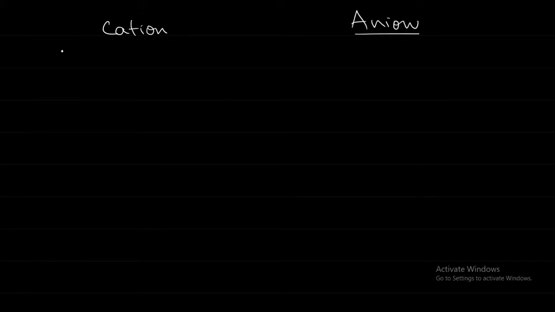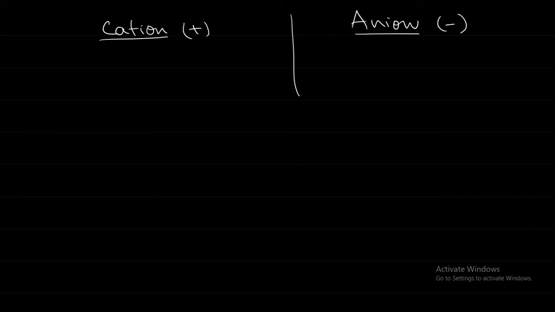Sir, cation is positively charged and anion is negatively charged. Okay. In anions there is a list of different anions, no? Acetate, bicarbonate, bisulfate, and like this. So many are there.